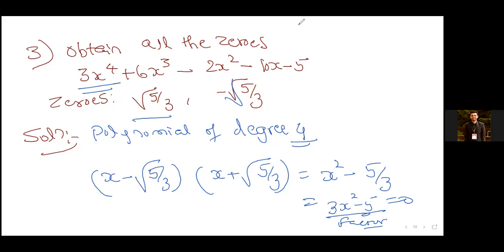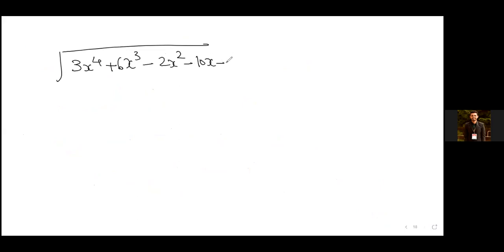Yes, division. How to do the division? We need to divide 3x to the power 4 plus 6x cube minus 2x square minus 10x minus 5 with 3x square minus 5.